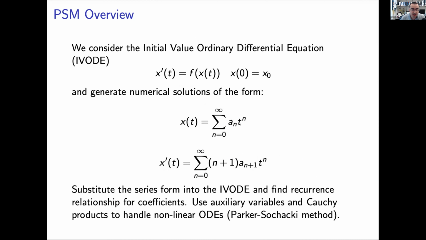And so then what you do is you take these power series and you substitute them back into the original equation, and you find recurrence relationships for the coefficients of the polynomials. And so once you've done that process, then solving it is a very computationally efficient process, and it's mostly just doing multiplications and additions.